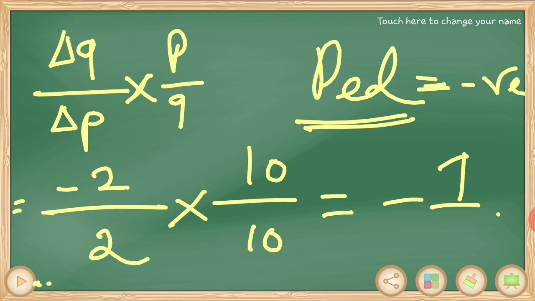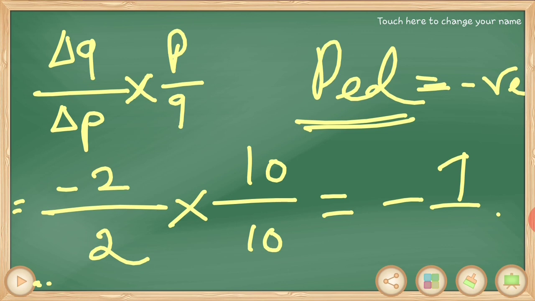And how is it calculated? The price elasticity of demand is calculated with the help of two formulas. In case of percentage, the first formula is applicable: percentage of change in demand divided by percentage of change in price. So, if the percentage is given, that formula is okay.